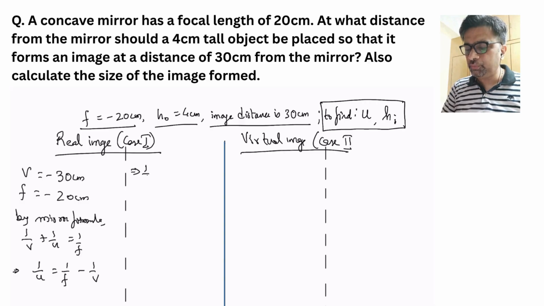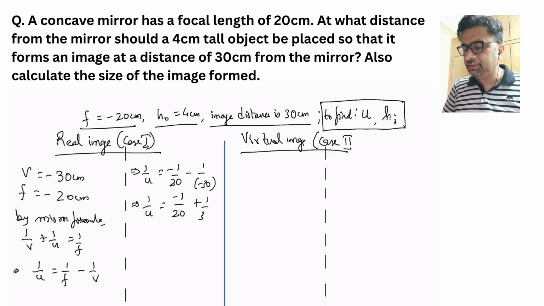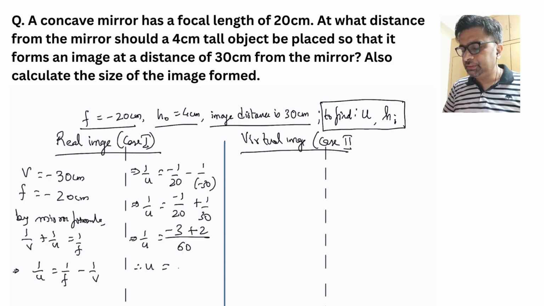So 1 by u comes to minus 1 by 20 minus of minus 30, and this gets us 1 by u is equal to minus 1 by 20 plus 1 by 30. Let's solve for u. So in this case 1 by u comes to, therefore u comes to minus 60 centimeters.